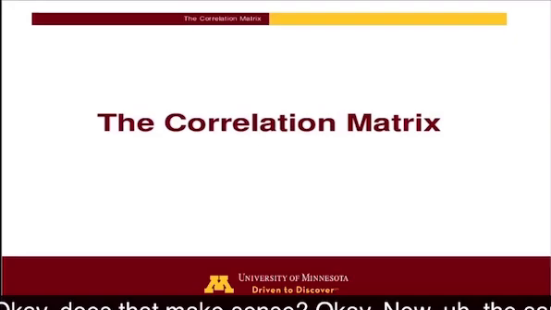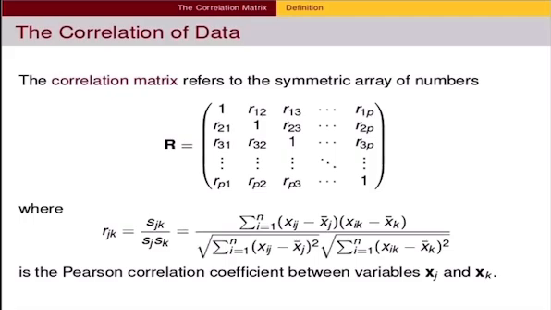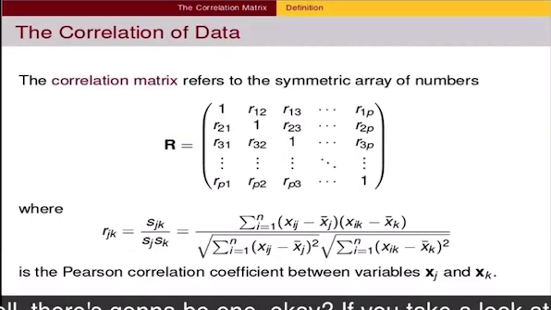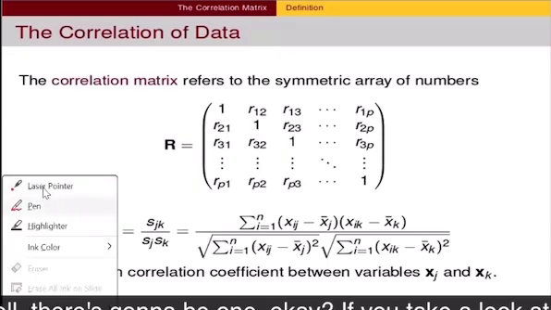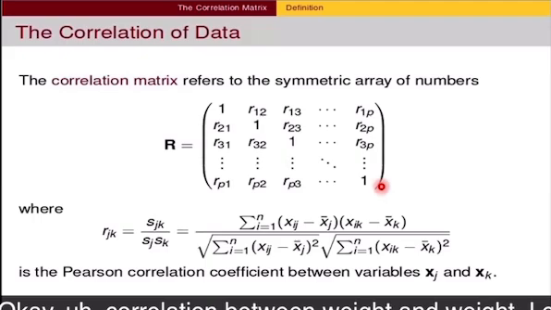In the same way we have a covariance matrix, we also have a correlation matrix, and there's something I need you to pay attention to. The diagonal of a correlation matrix is always going to be one. Take note of that. That 1, 1, 1 implies the correlation between the same variable: correlation between weight and weight.